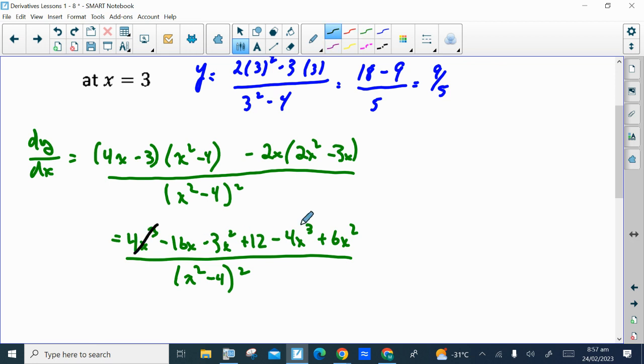The 4x cubes are going to cancel. So we're left with negative 3x squared plus 6x squared, which is positive 3x squared, and minus 16x, plus 12.